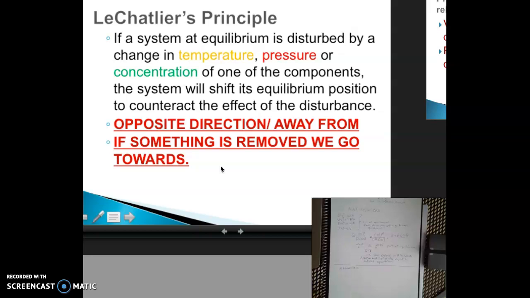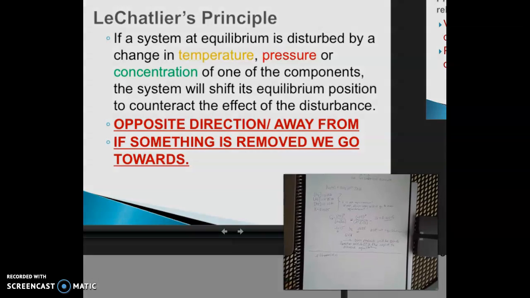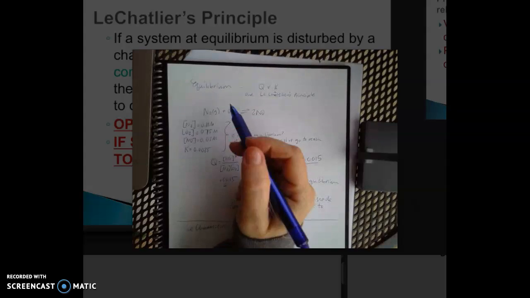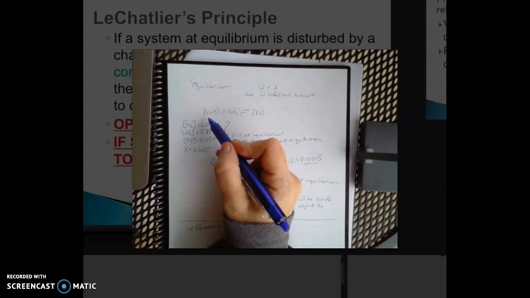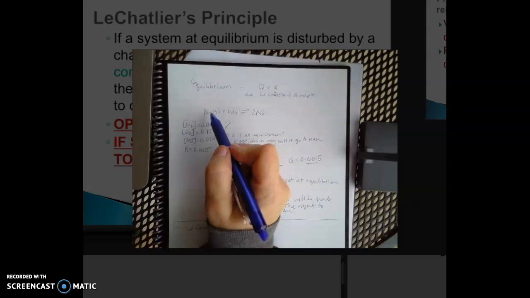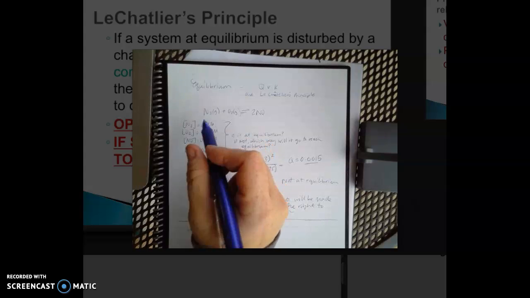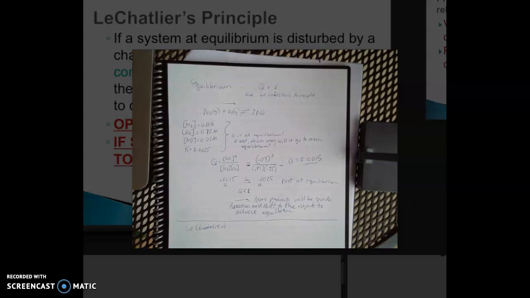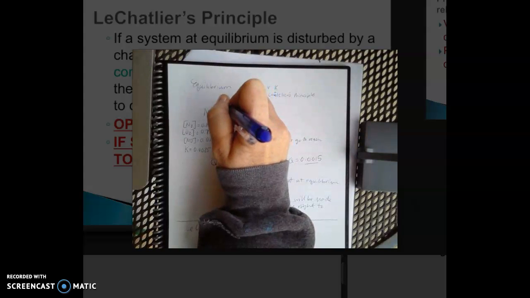Looking back at the reaction that we were just working with, one particular stress I could apply to this system would be to add more nitrogen. If I increase my concentration of nitrogen, I've added something over here, and the system is going to have to reply by shifting in the opposite direction. It's going to have to shift to the right to balance out that stress.